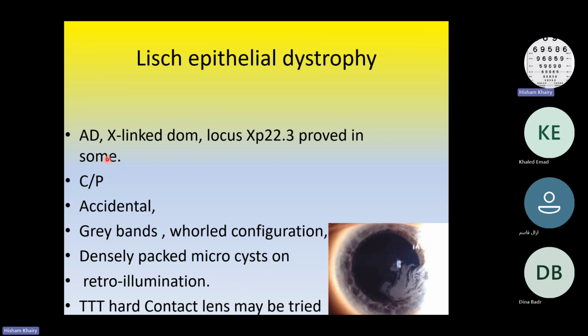It is autosomal dominant or X-linked dominant. The locus has been localized to the X chromosome, short arm 22.3, proved in some. The diagnosis is usually accidental, and the treatment is a hard contact lens if the patient accepts that.